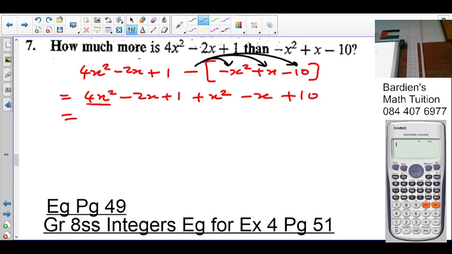Alright, so 4x squared is a like term to x squared. Negative 2x is a like term to negative x. 1 is a like term to 10.